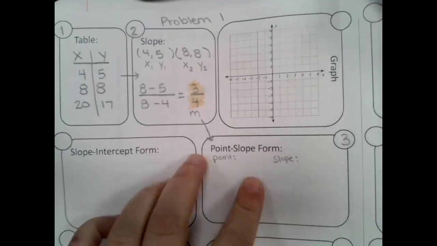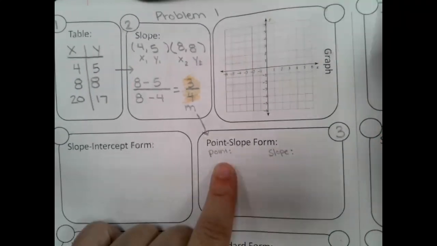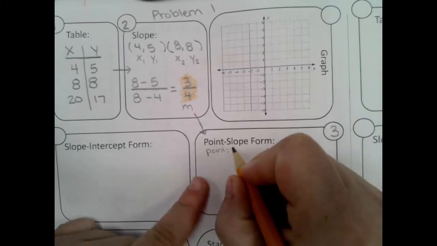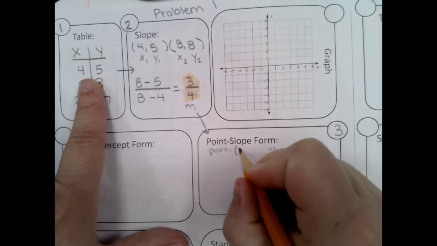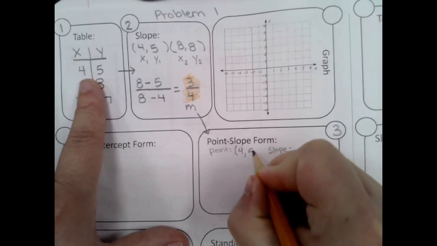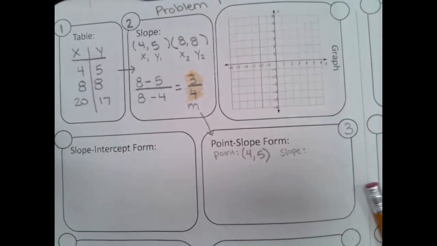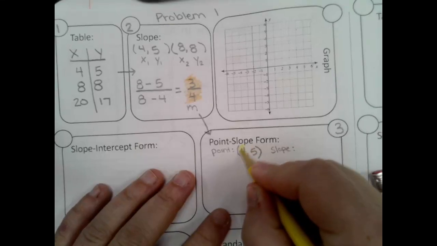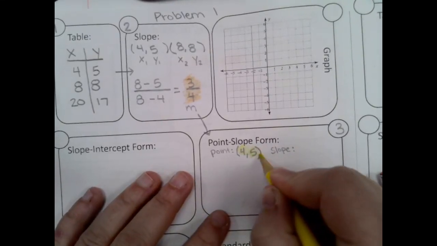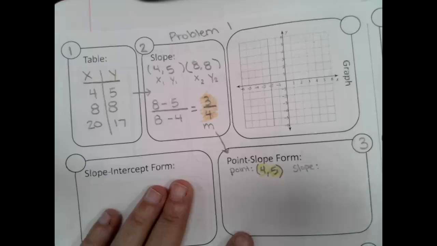Let's pick one of the points from our table. Can we just do 4, 5? Is that okay? Okay, I'm using yellow for our points. So if you wanted to use yellow or whatever color you used in the front. I'm going to color this in, 4, 5 here, because that's where we got that point from.